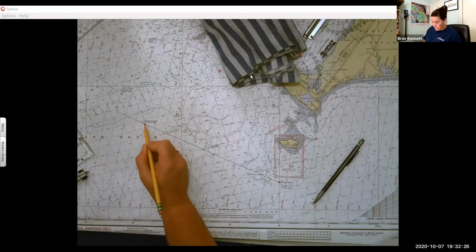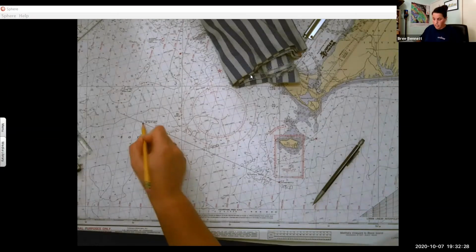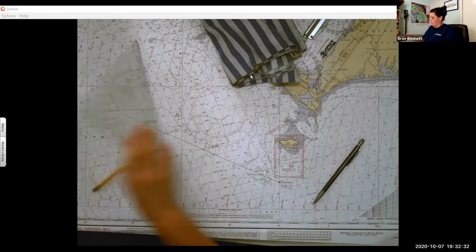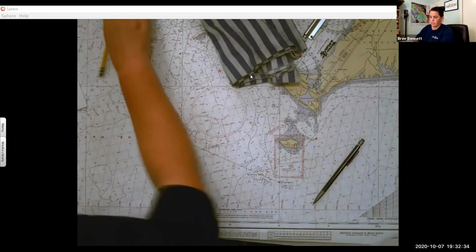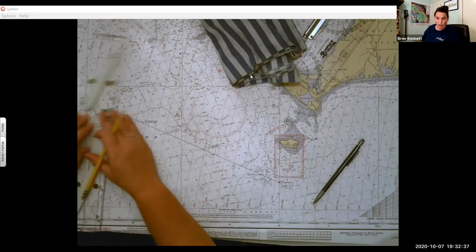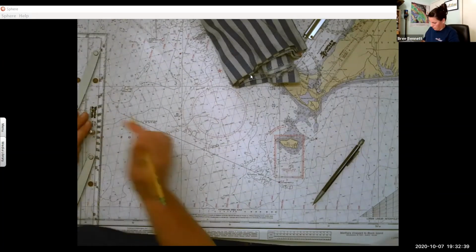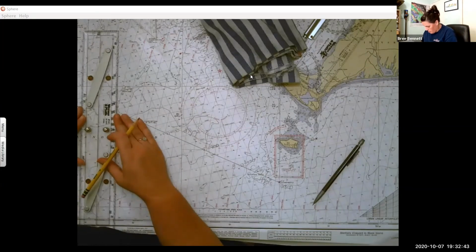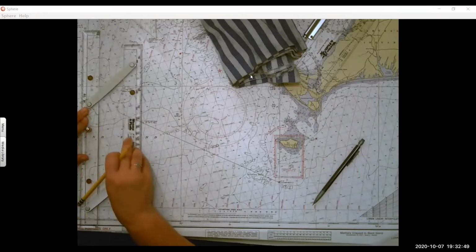What is the position of this unexploded depth charge? So again, maybe I'll use a different tool. We are practicing finding latitude and longitude. So what is the position, using parallel rulers, of the bomb?